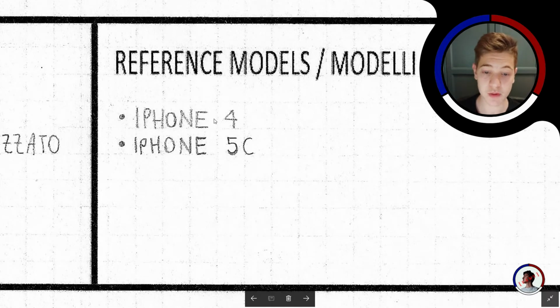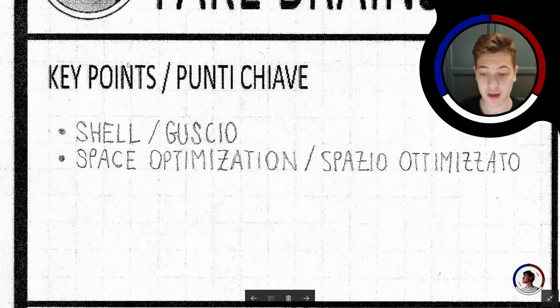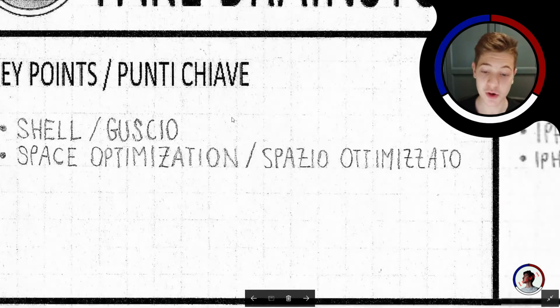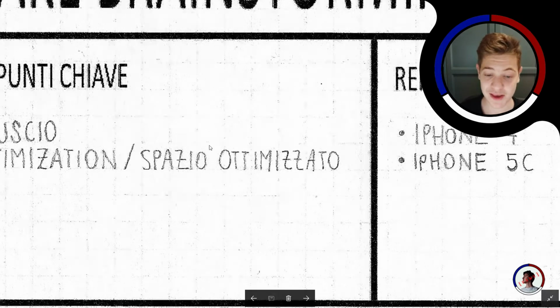And another reference model is the iPhone 5C, and I decided to put this Apple model as a reference for the same reason I put the shell as a key point. So you will understand this choice in some minutes.